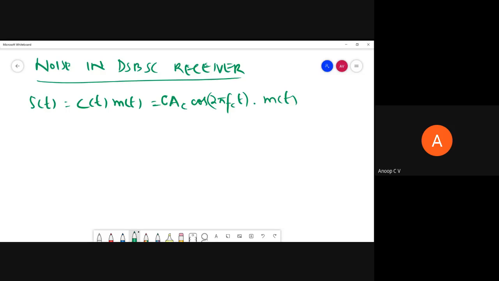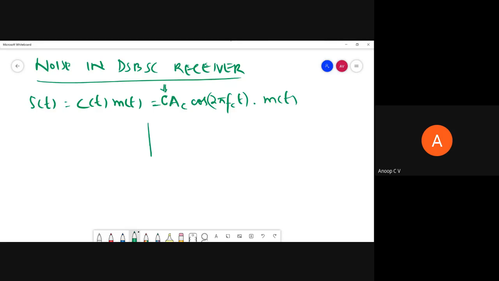But in order to bring in the effect of the system, maybe it can be the gain given by the system, we will introduce a constant C. This C is a dimensionless constant. Even if you are not considering that C, it's not a problem. But in our discussion we'll consider a C which denotes the effect of the system. So this is our s of t.